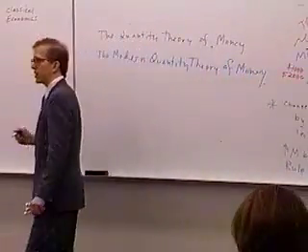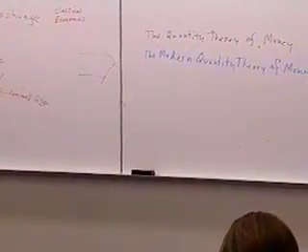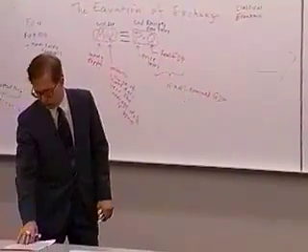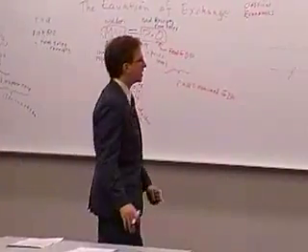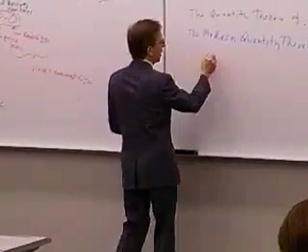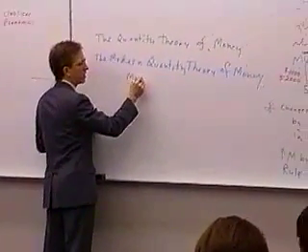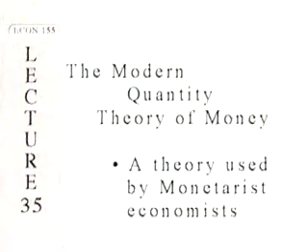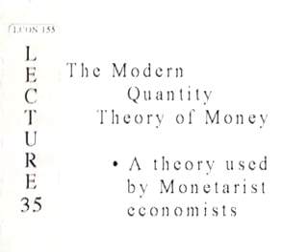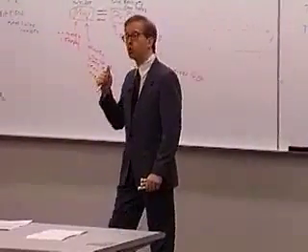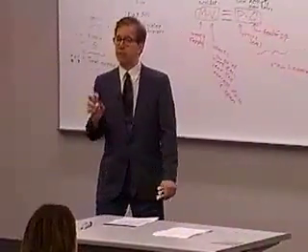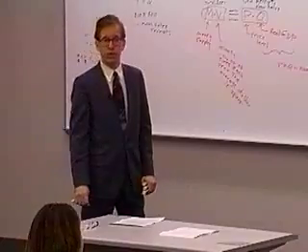This modern quantity theory of money is something that modern day economists use, not all of them, but some of them. The economists who use this model are called monetarists. Monetarists are economists, first of all, but these are economists who believe that money has a big impact on economic conditions.